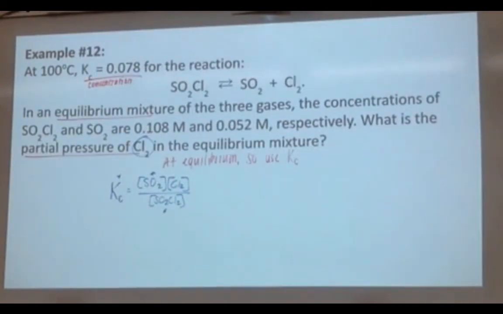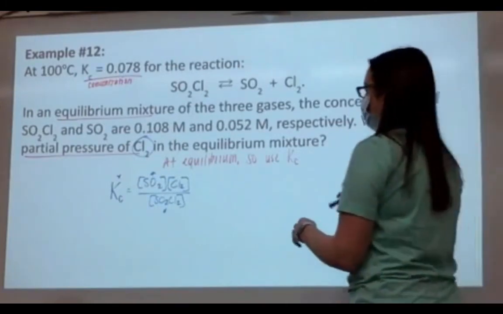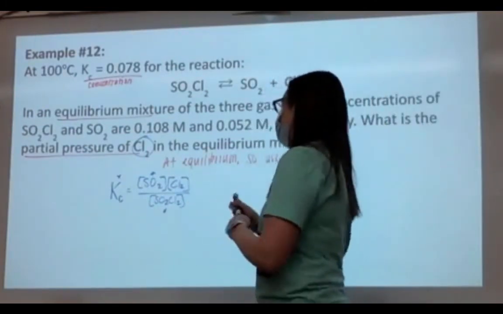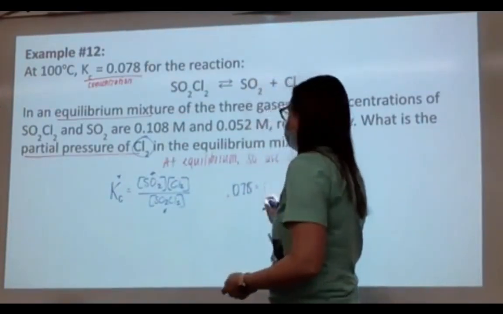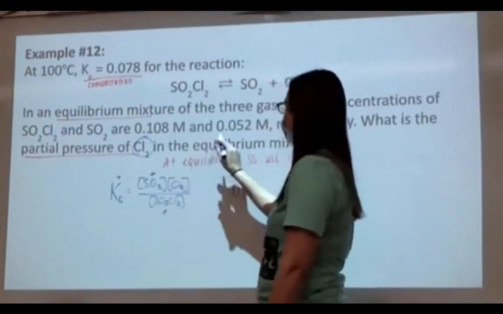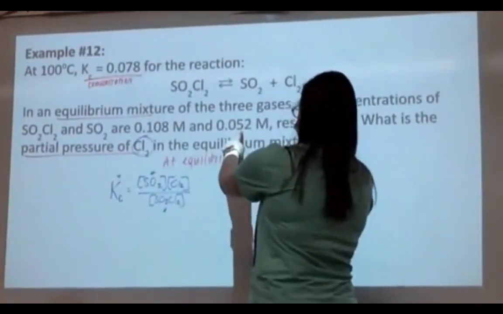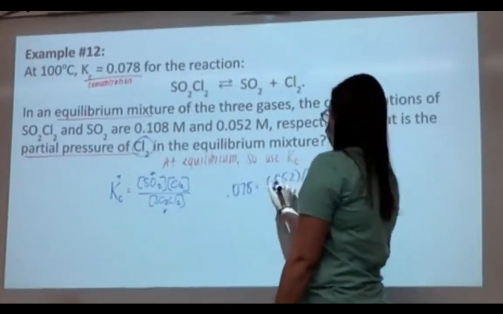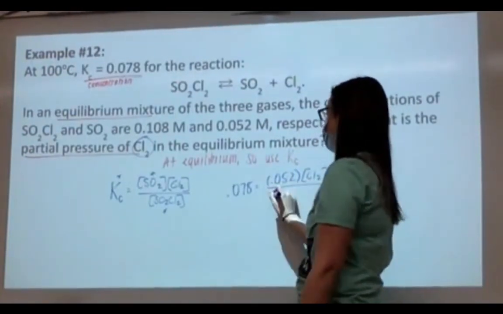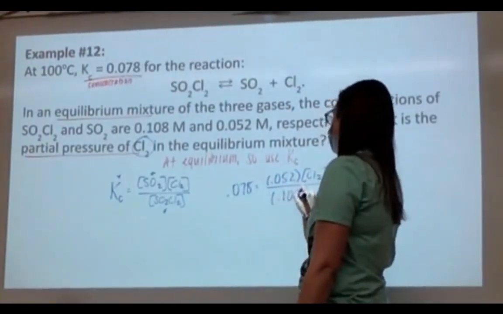So if we plug in, I'm going to plug in all the values so we can see what we get for Cl2. So Kc was given to us, 0.078. SO2 concentration, 0.052. We're solving for Cl2. We don't know what Cl2 is. SO2Cl2 is 0.108.